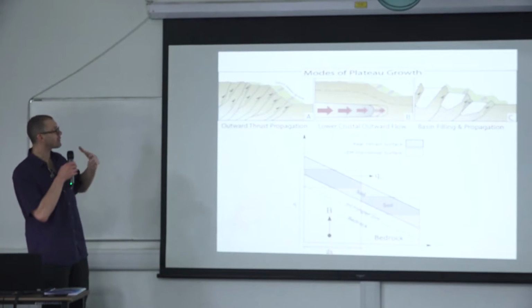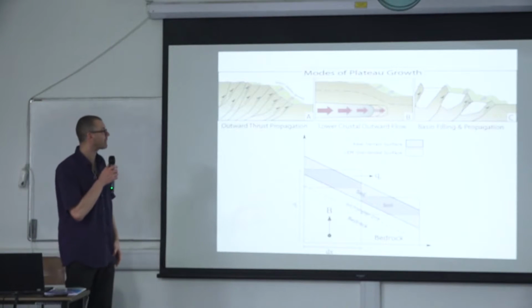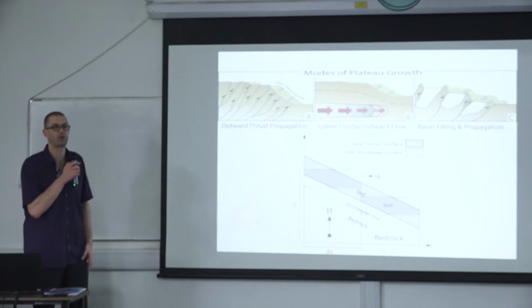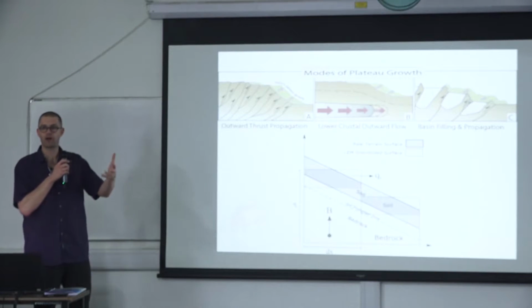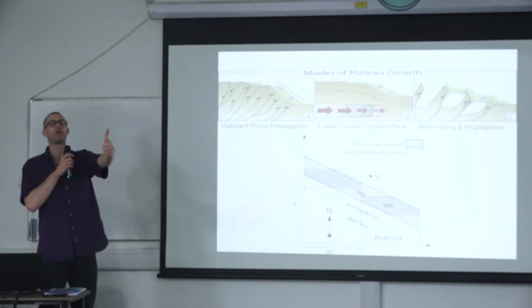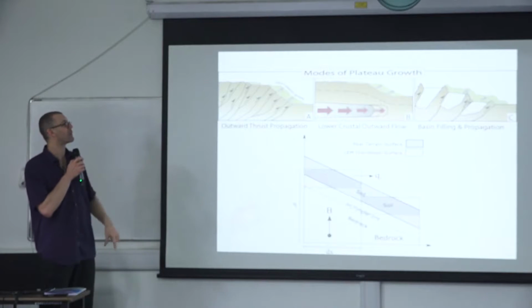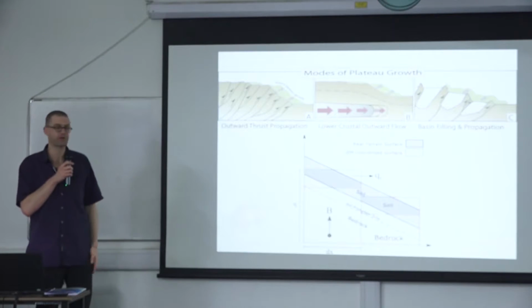The general question also relates to how a plateau grows, for example. So there are a couple of overarching questions. How do escarpments retreat? I will be showing a modeling study of that. And how do plateaus grow? What is a plateau growth region?